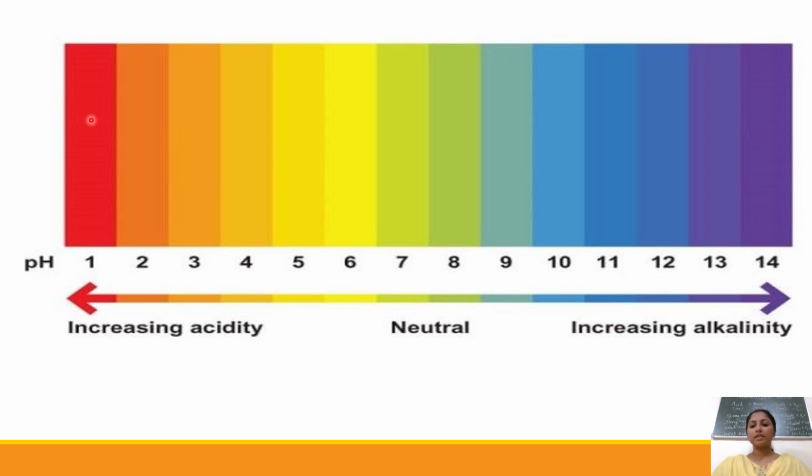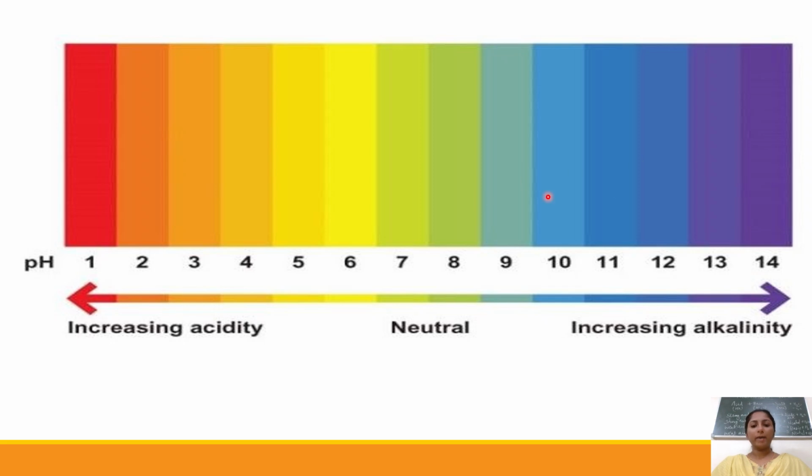If the concentration of acid is less, it will change from red to yellow. Near 7 you can see yellow color, and when we move from 7 to 14 you can see it is bluish color. When there is a strong base, the litmus paper will show this color.